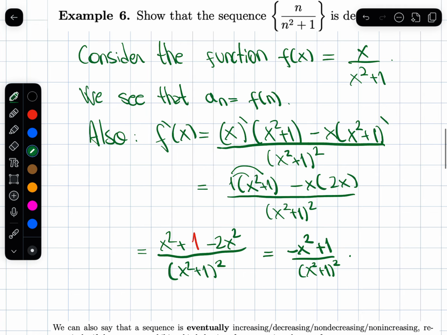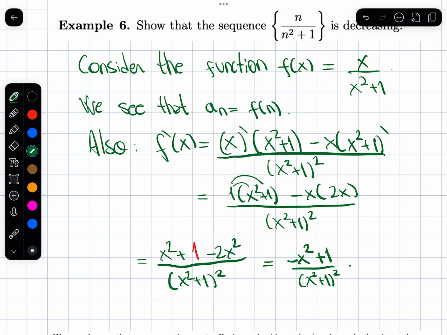So as you can see here, the derivative of this function is negative for all x's in this interval, as long as x is greater than 1.